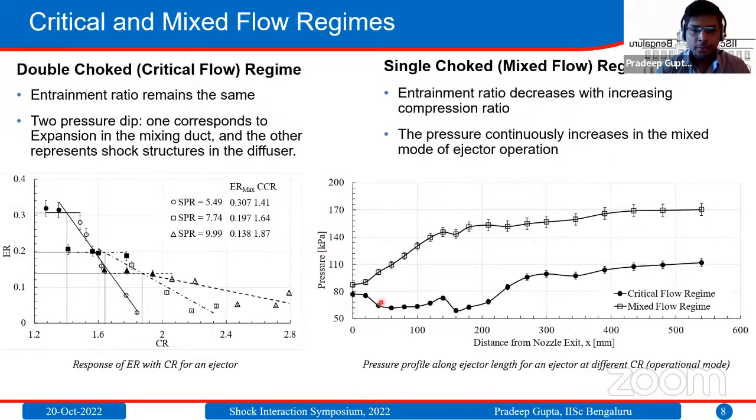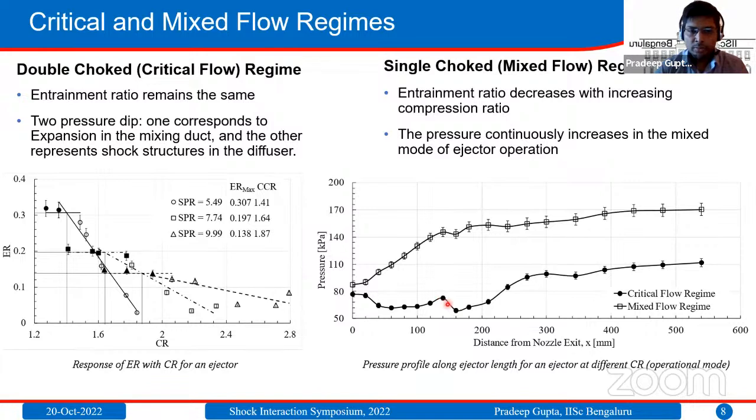And this is the pressure measurement. As I mentioned, in the critical mode operation primary flow expansion is severe, and we can see the primary flow expands till around 60 kPa. The further increase in pressure is the response to the mixing of the primary and secondary flow, and the flow becomes supersonic at the diffuser inlet.